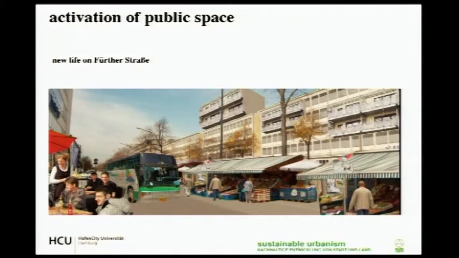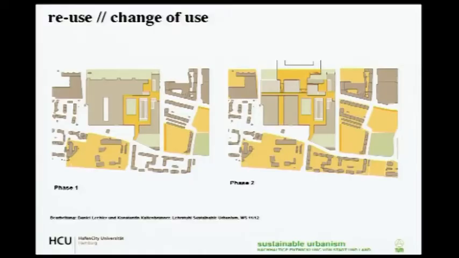That is clearly not in the growth scenario, an approach to figuring out how a very inactive street could be a bit revitalized. This is an approach for a huge, massive building, which is currently empty.